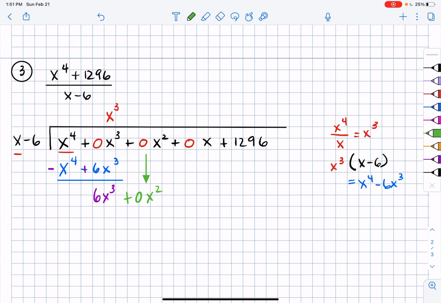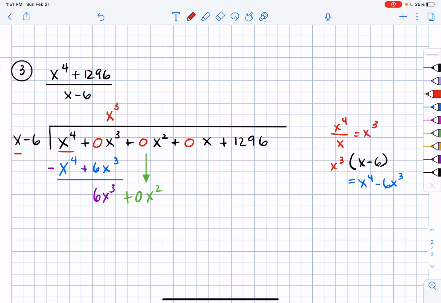Then I say the same thing: how many times does x go into 6x to the 3rd? 6x to the 3rd divided by x gives me 6x squared. So plus 6x squared.